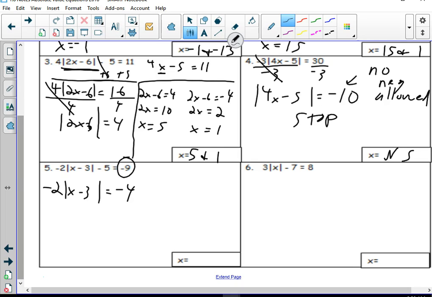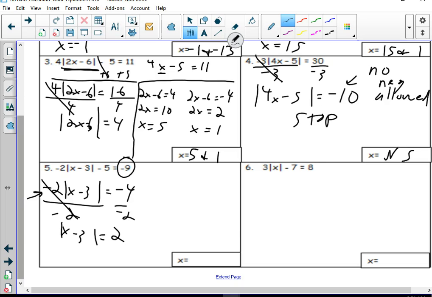And what's going to happen when I divide by the negative 2? Very good. I end up with the absolute value of x minus 3 equals positive 2. So don't be in too big of a hurry to say no solution. If that was a negative 2 right now, stop. If this right here was a positive 2, and we divided negative 4 by positive 2 and got negative 2, we could stop.